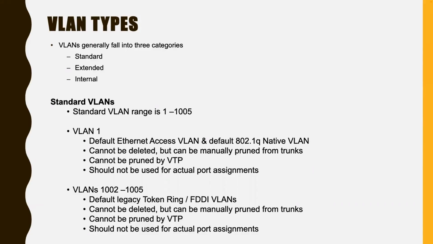Every switch port within our switch is by default part of VLAN 1, and our default native VLAN, which we will cover in the next topic, trunking, is also VLAN 1. This VLAN cannot be deleted, but can be manually pruned from our trunk links. If I do not want to pass traffic between two switches over VLAN 1, then that can be pruned.